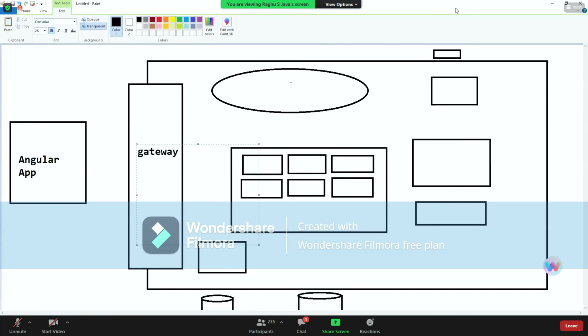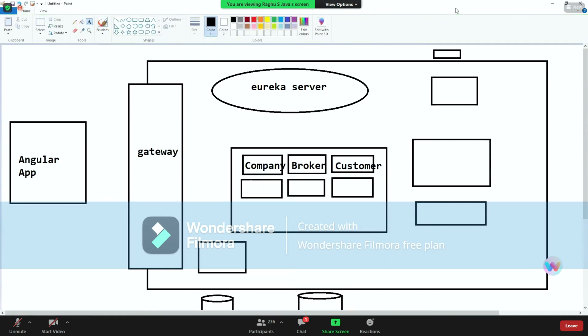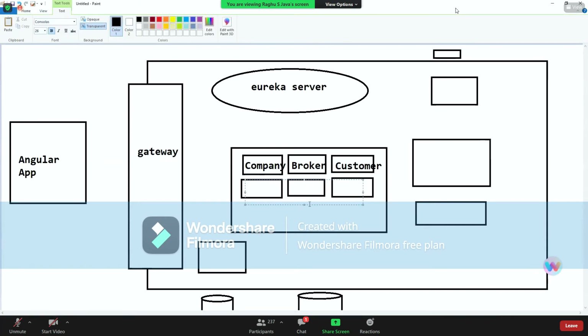Gateway, Eureka server, company, broker, customer, so we'll be having other modules.